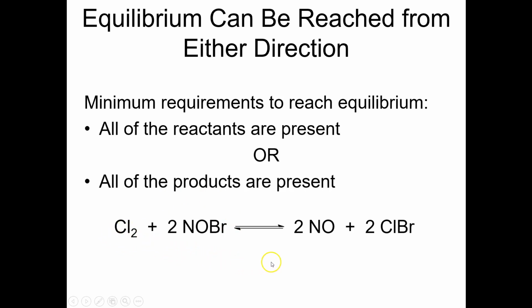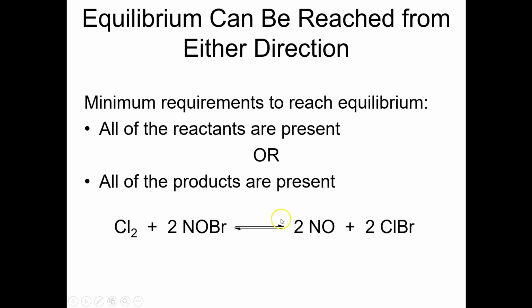The only instance in which I won't reach equilibrium would be if I only had one reactant and one product present. So let's say I have chlorine. I take chlorine and NO and I put them into a flask. I cannot reach this equilibrium. The reason is because I only have one of the two components necessary for the forward reaction, which is chlorine.